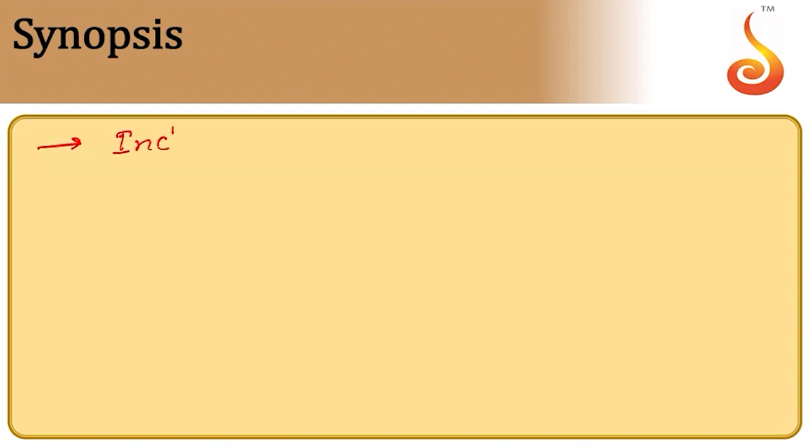The other is what is known as angle of inclination or dip. If I consider Earth's magnetic field, it is not horizontal at a place. It may not be horizontal.